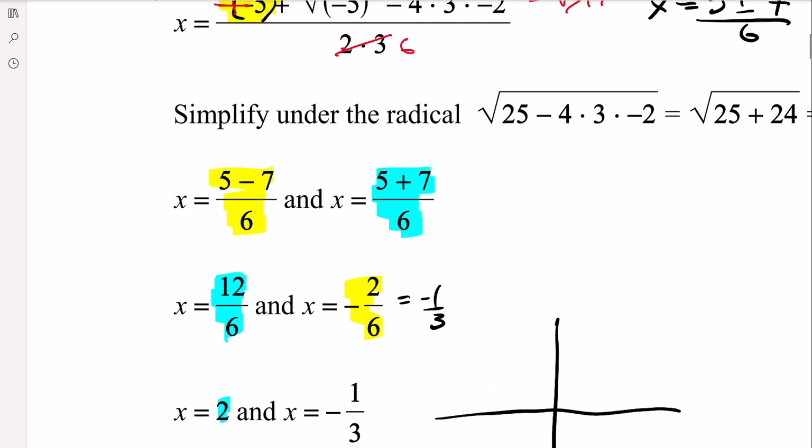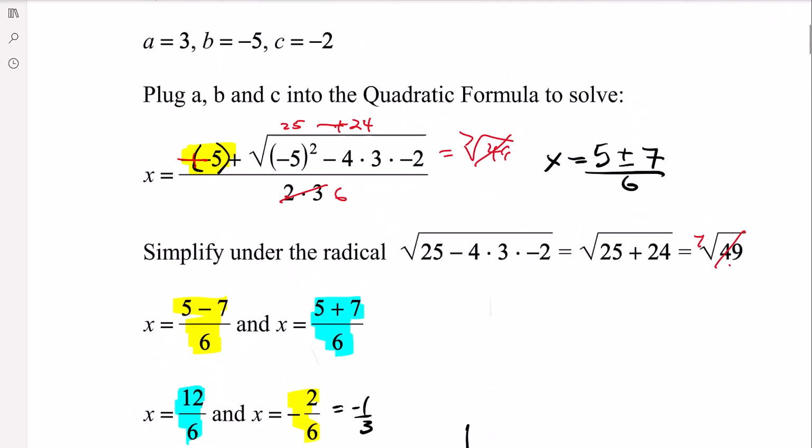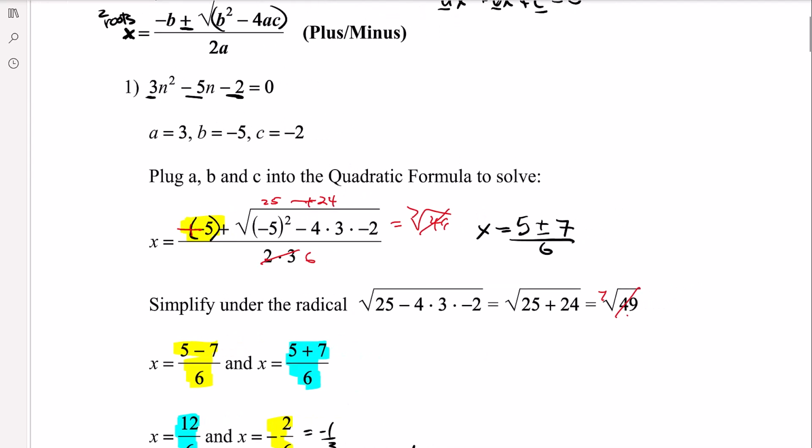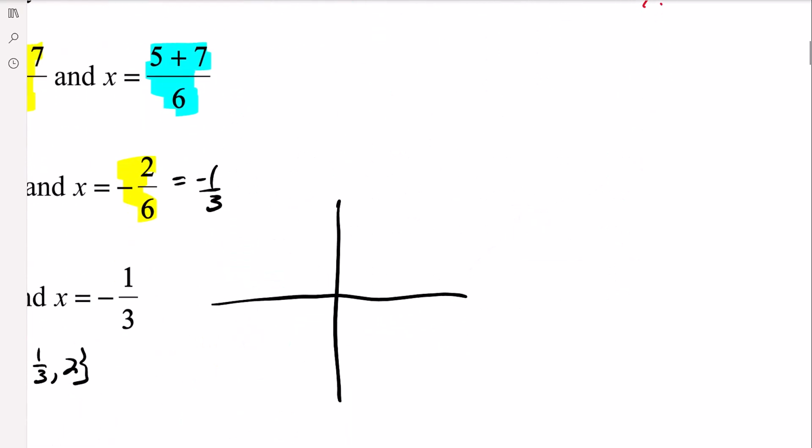And then we're going to do the graphing. The y-axis we're going to touch at -2.